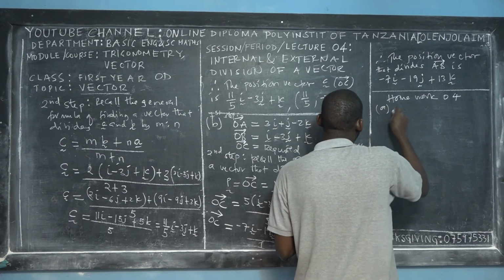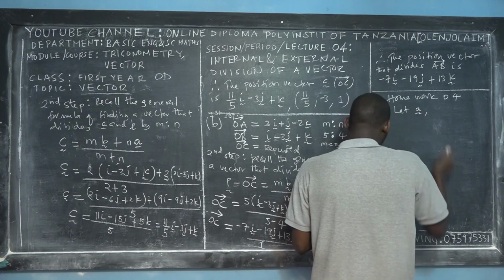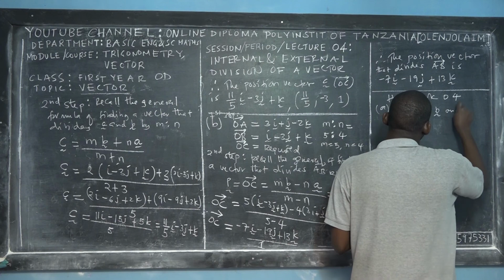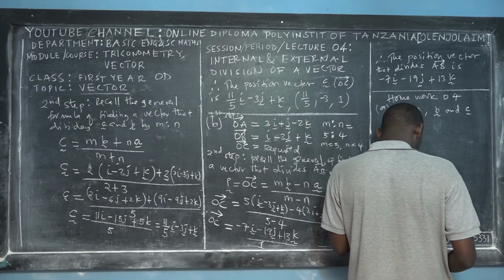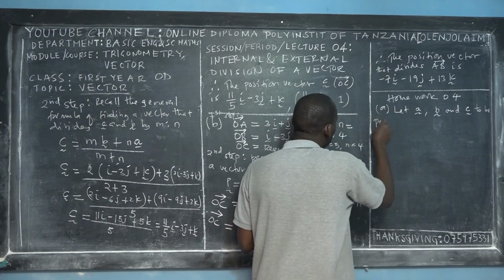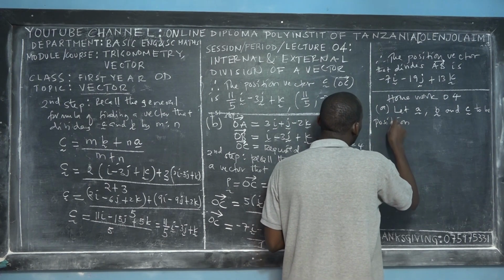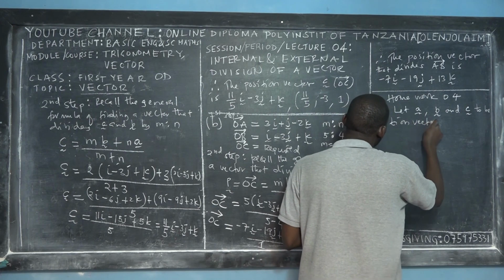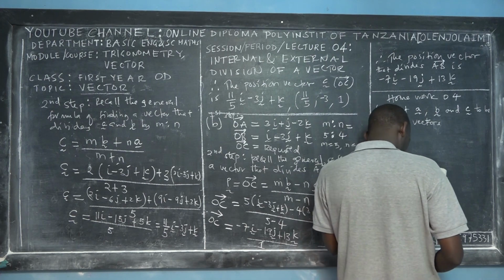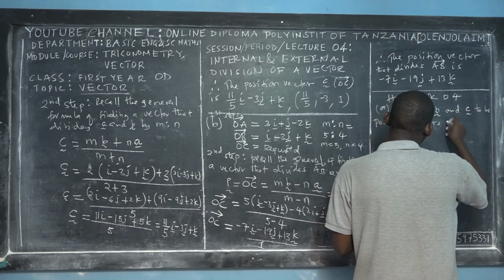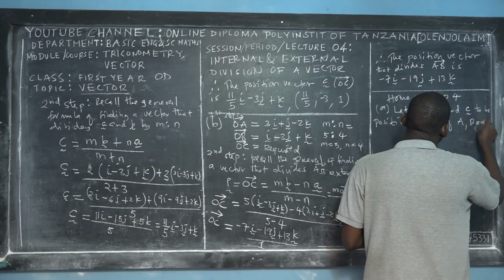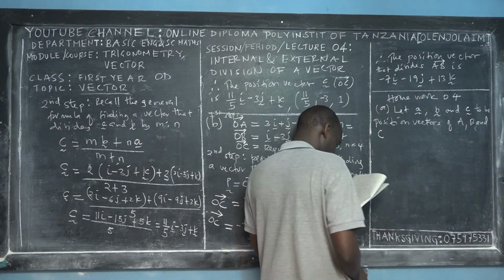So A states: let positional vectors A, B, and C be the positional vectors of point A, point B, and point C, right?